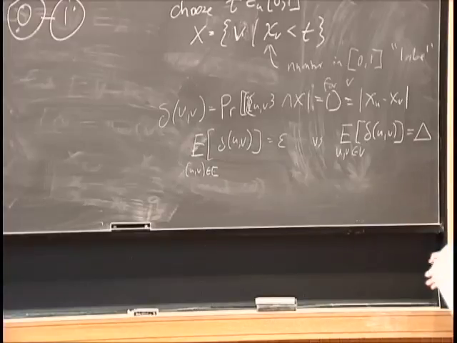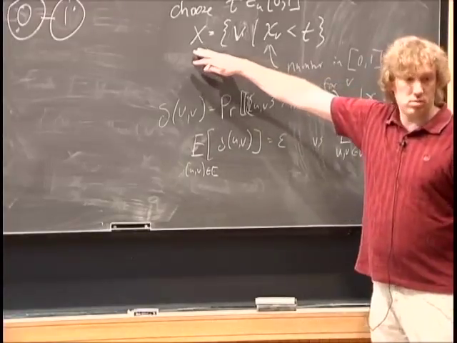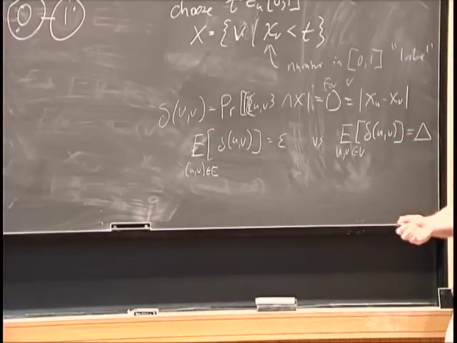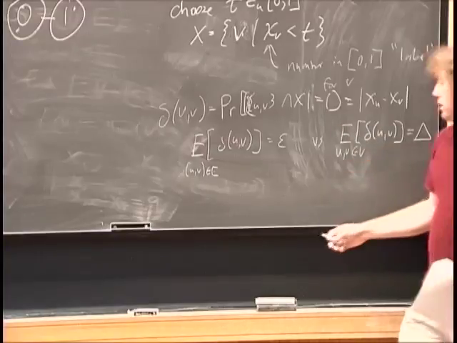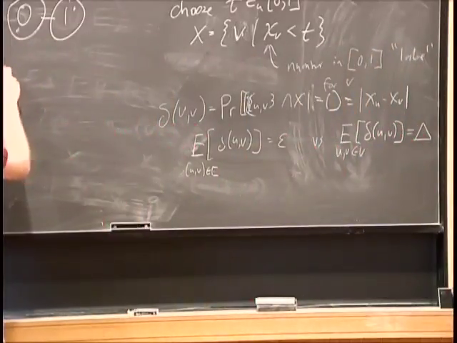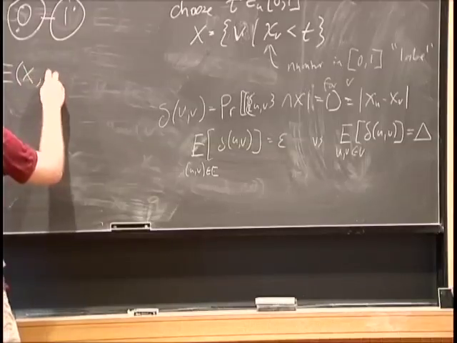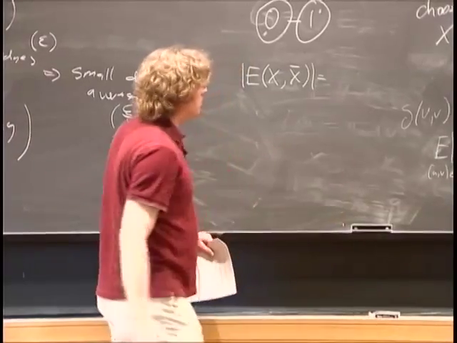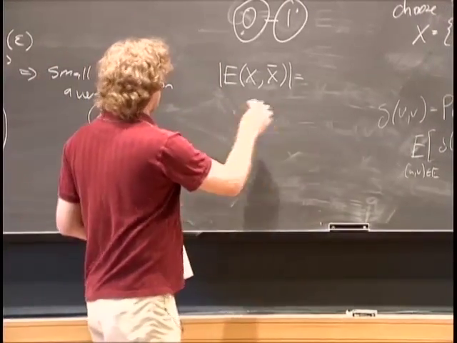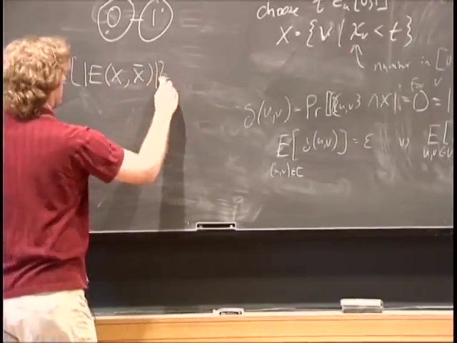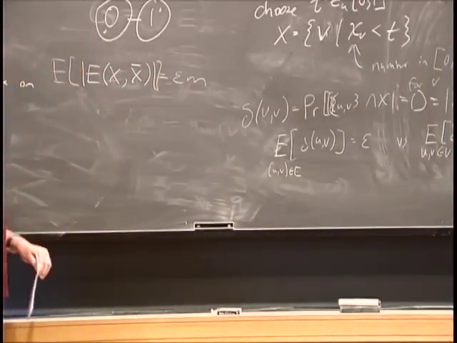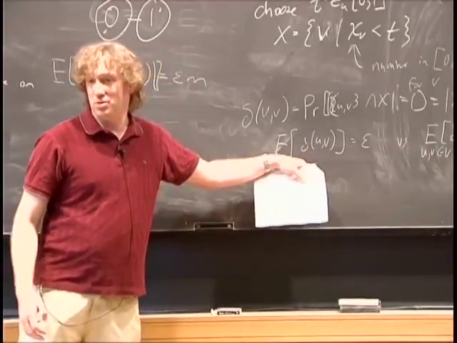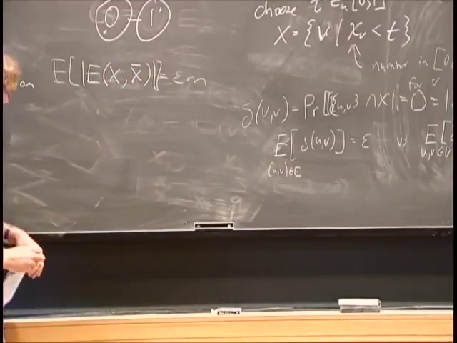Now, when we choose this random set X, what's the expected number of edges that we cut? The expected value of this is epsilon m. Each edge is cut with probability proportional to its distance, and we just average over all of them.